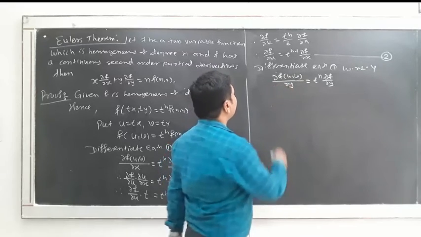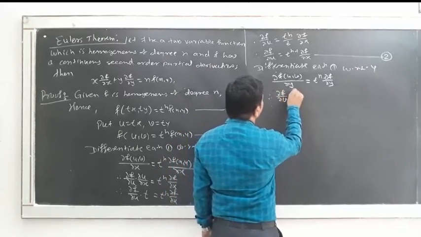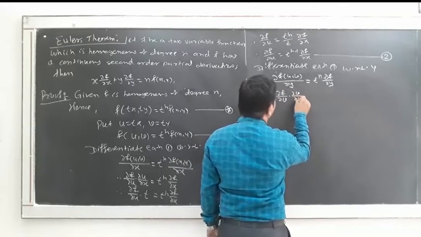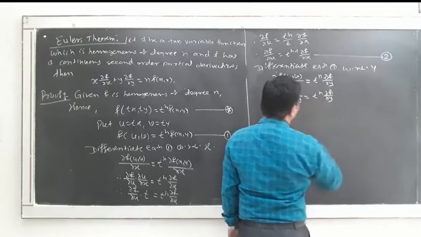So we have to use the chain rule again: ∂f/∂v into ∂v/∂y is equal to t^n ∂f/∂y.